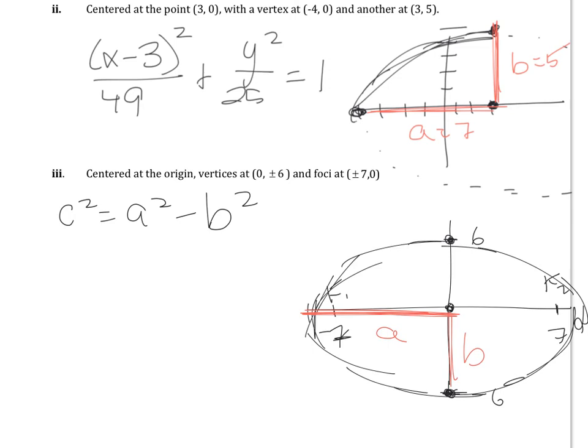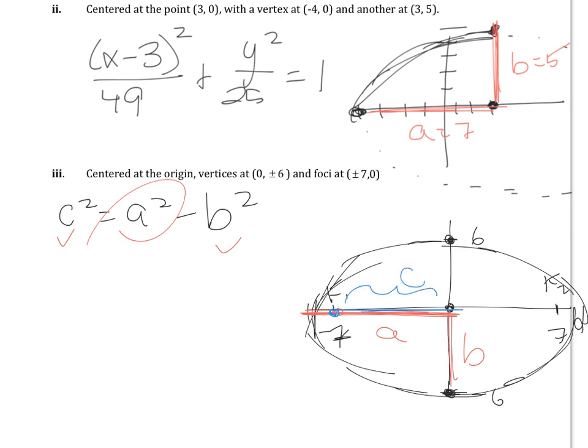In this case, we have c, because we know the distance from the center to the focus. And we have b. We're going to use those two things to find a, because that's our unknown, and that is what we need to write our equation. So keep in mind that this distance here is c.